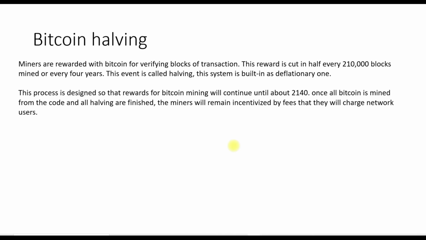The fact that in 12 years, it went from being a fraction of 1 cent to like $40,000, and in 120 years, it could be worth easily tens of millions, maybe billions of dollars for one Bitcoin. So when you look at it in that sense, and how the miners will be incentivized by fees, especially with the fact that over time with renewable energy, it gets cheaper and cheaper for us to use energy.